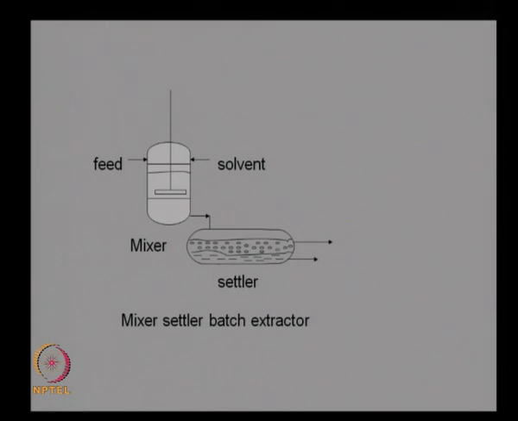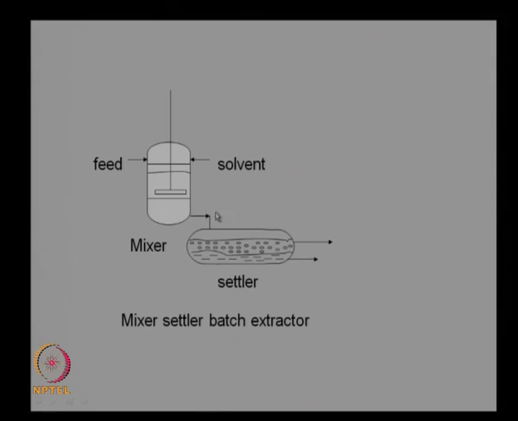A simple batch type of situation which is called a mixer settler batch extractor. You have a mixer, you have a settler. In the mixer what do you do? You add your feed, you add your solvent, close down, mix it thoroughly, create good intimate contact, and afterwards what do you do?